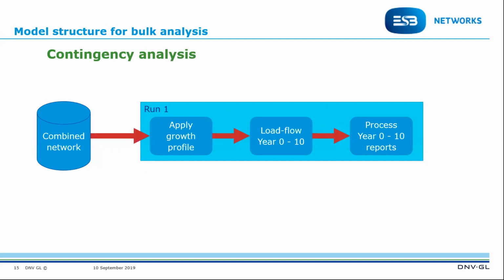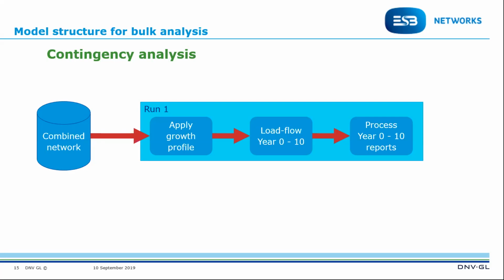Once we know that we have a robust model, we can leap straight into the contingency analysis and run that. Now, I've mentioned that we have 20 area network files. Each of those area networks will have orphaned connections to adjacent area networks for interconnection. So in particular for the contingency analysis, we need the ability to load adjacents from other area network models.